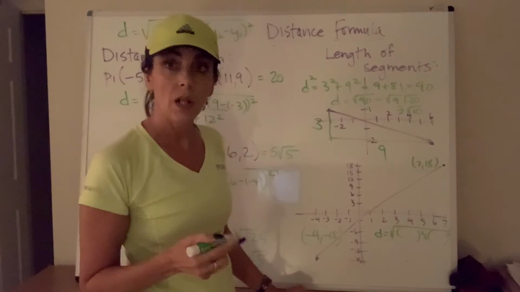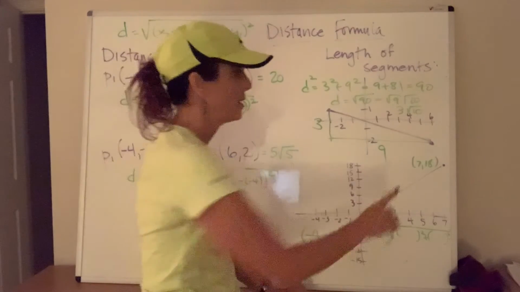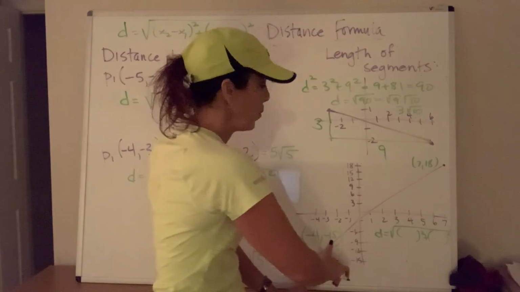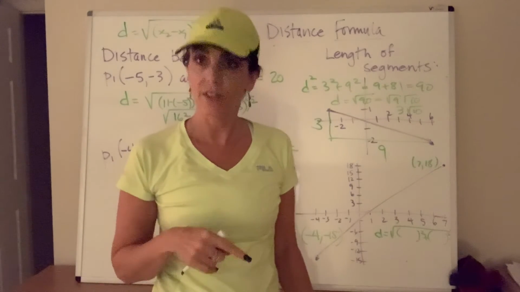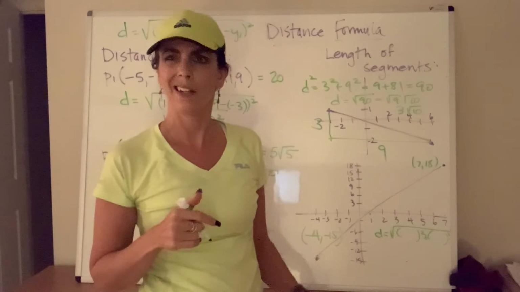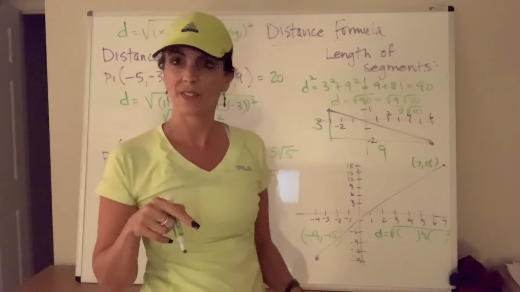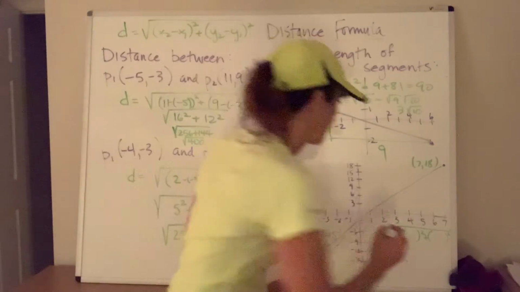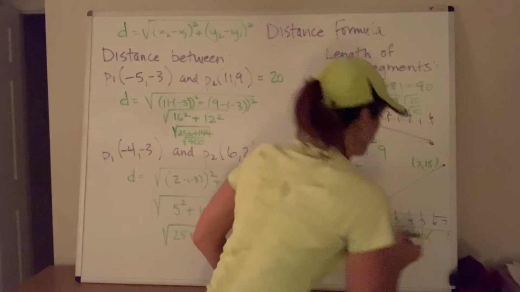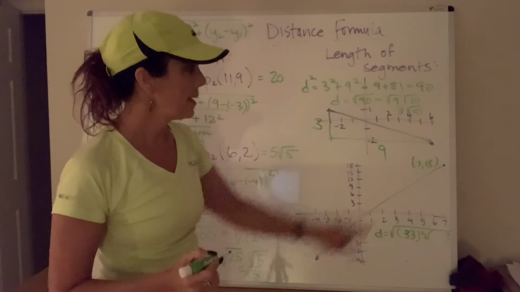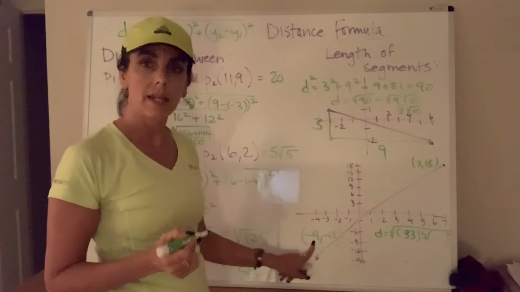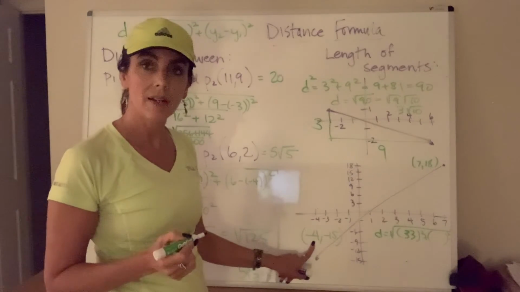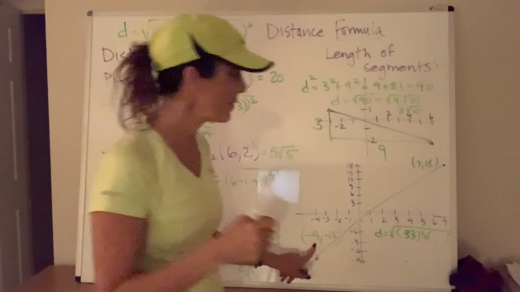Okay, so let's do the x's first. x2 minus x1. 18 minus -15. What is that? I think it's 18 plus 15, which is 33. All right, and then 7 minus -4, also known as 7 plus 4, which is 11.